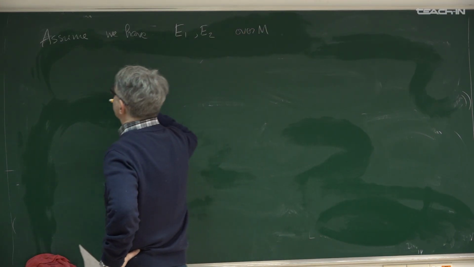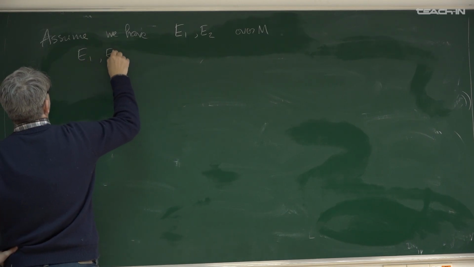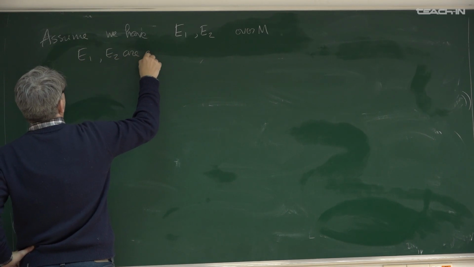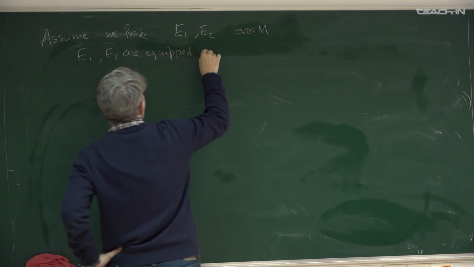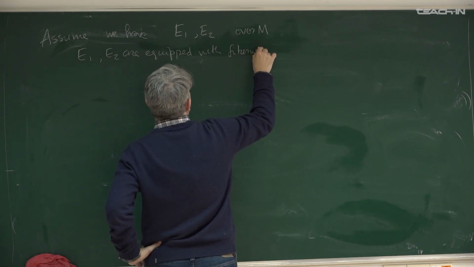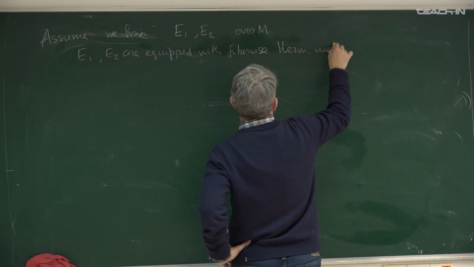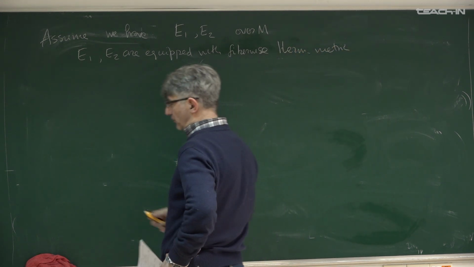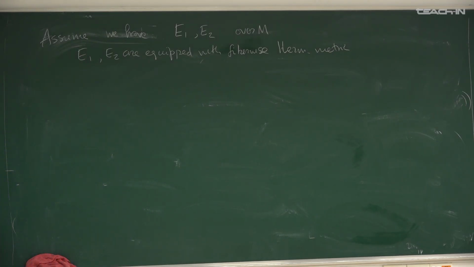E1, E2 are equipped with a fiber-wise Hermitian metric. So if you have two sections, then you can calculate their scalar product, fiber-wise scalar product, and obtain a function.